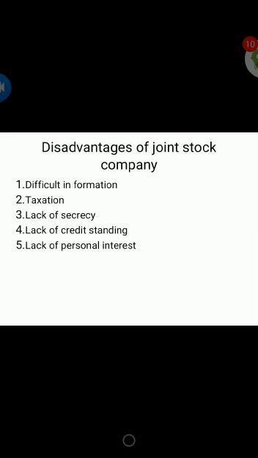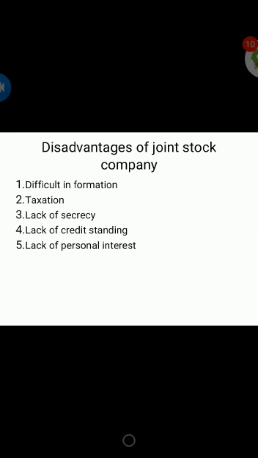The next is lack of secrecy. Secrecy cannot be maintained, right? The company cannot maintain secrecy. Its financial position changes every year, and the annual financial statements are distributed among the shareholders, registrar, bank, etc. This disclosure helps the competitor to know the strong and weak points of the concern.